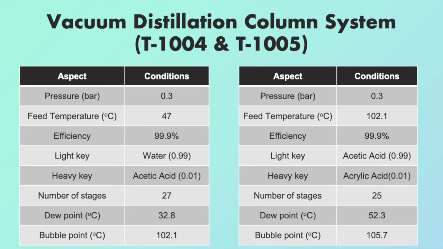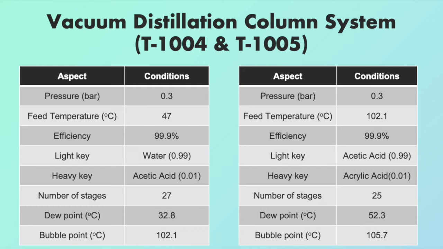According to our manual calculation, the number of stages needed by T1004 is 27 stages, with 32.8 degrees Celsius of dew point temperature and 102 degrees Celsius of bubble point temperature. The bottom of T1004 will enter T1005 as feed, so the temperature is the same.